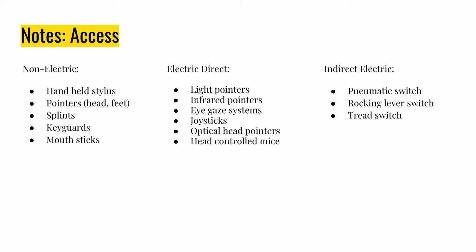And then there are electric direct ones, which I think are really cool, and even the indirect electric ones are cool. For electric direct access methods, we have light pointers, infrared pointers, eye gaze systems, joysticks, optical head pointers, and head controlled mice. And lastly, for indirect electric, we have pneumatic switches, rocking lever switches, and tread switches.